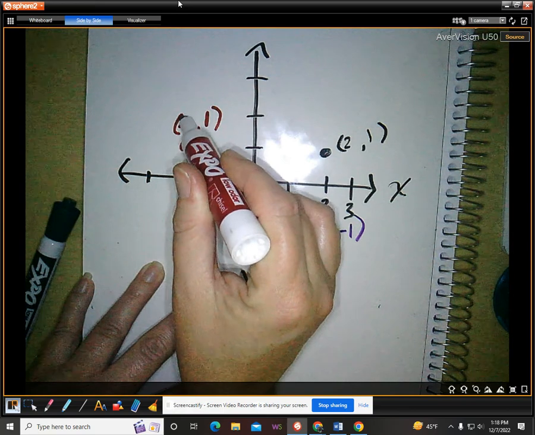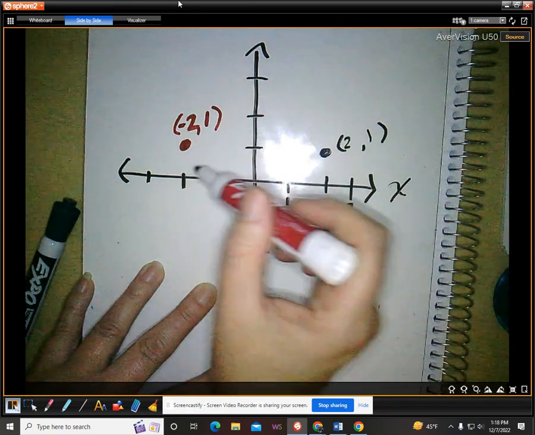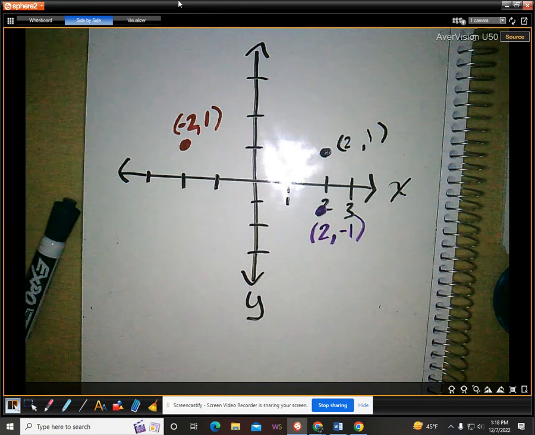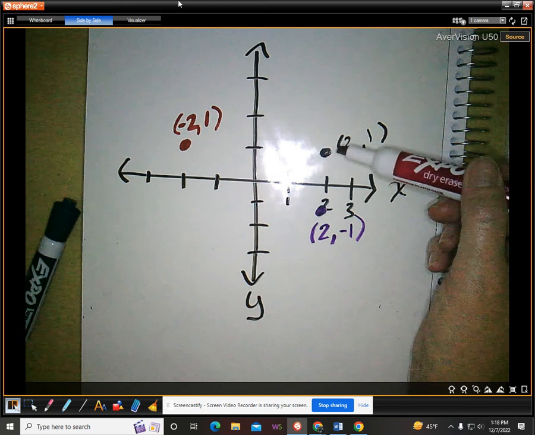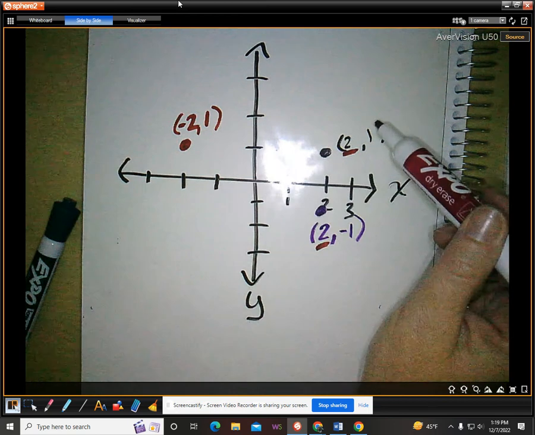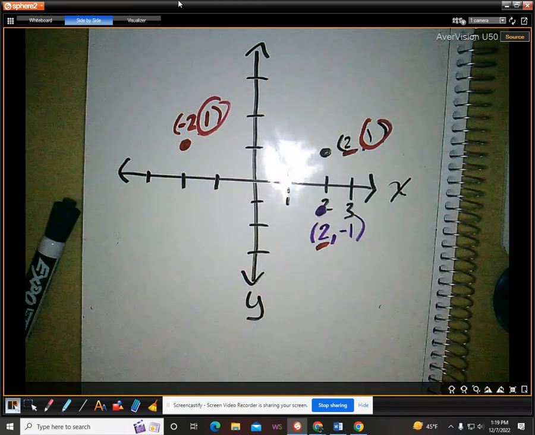The x is the opposite. It is now at -2. So whichever one it reflects across, that one stays the same. The other value is the opposite. Across the x, x stays the same. Across the y, y stays the same. It's a reflection, so you're just taking the opposite of whatever one it did not reflect across.